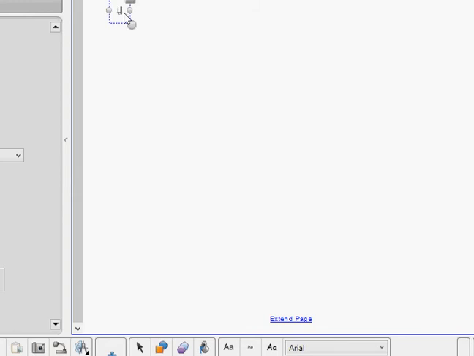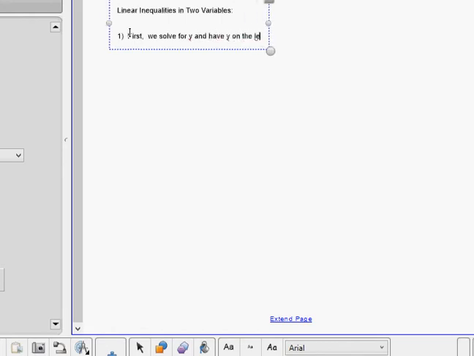Now, if we're talking about linear inequalities in two variables, first we solve for y and have y on the left hand side of the inequality.